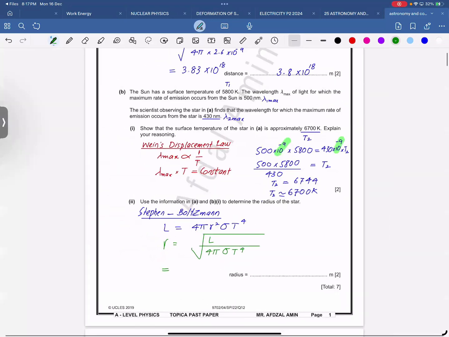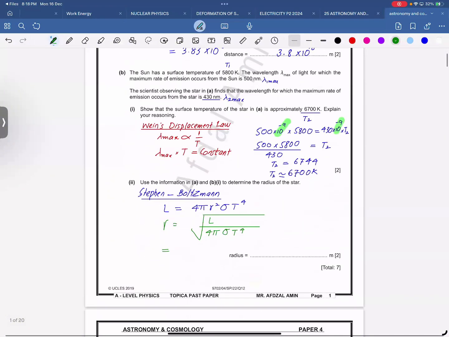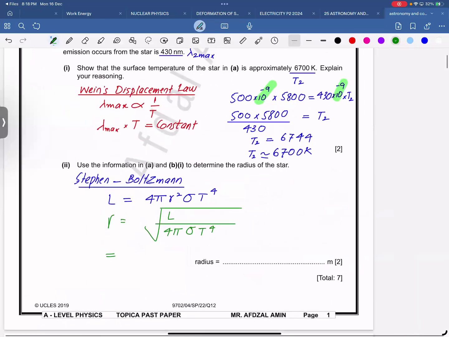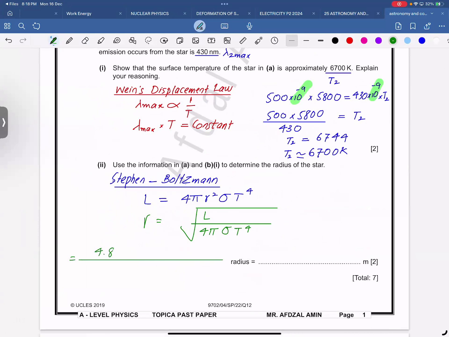Luminosity of the star was 4.8 × 10^29. Sigma 5.67. What did I tell you? 10 power negative 8.